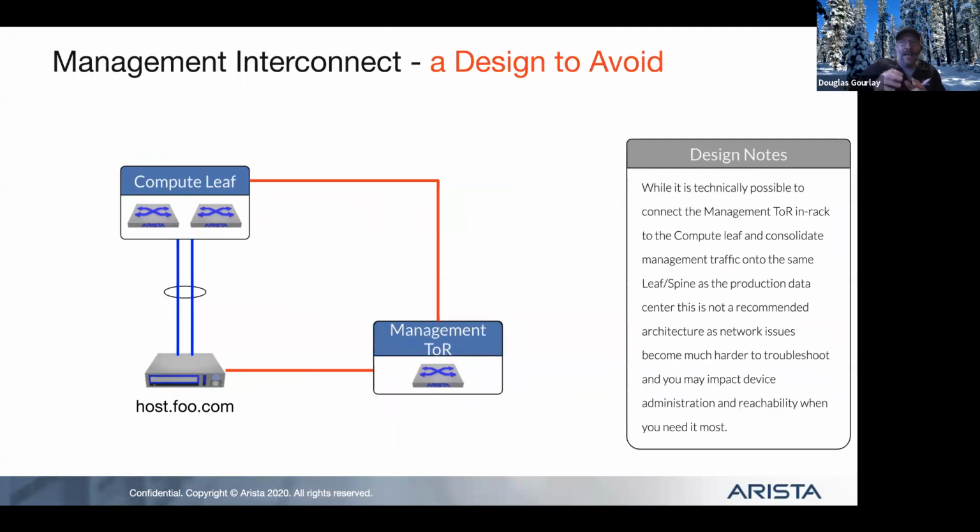We also try to highlight things you really don't want to do. I've personally made this mistake, and I didn't think it was a mistake at the time. I thought that's just fine. I would put 3 switches at the top of the rack. I'd run all the iLO and LOM ports to the management switch, run the out-of-band Ethernets from the 2 top-of-racks into the management switch, and then connect the management switch uplinks back into the 2 top-of-racks.